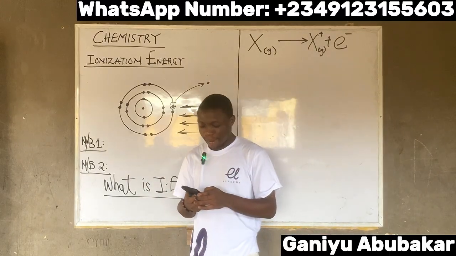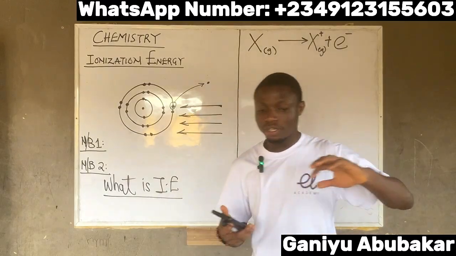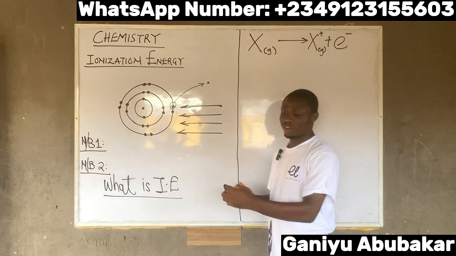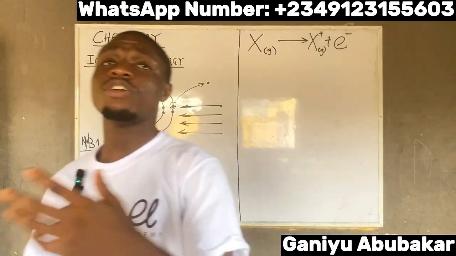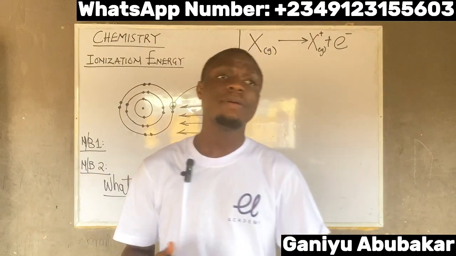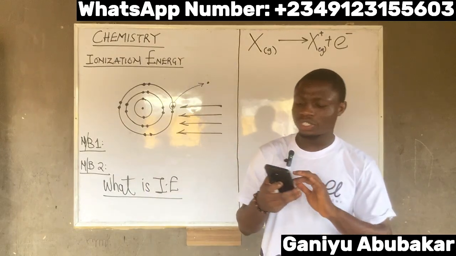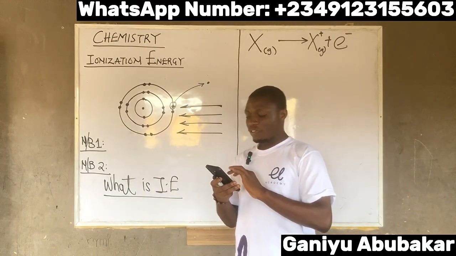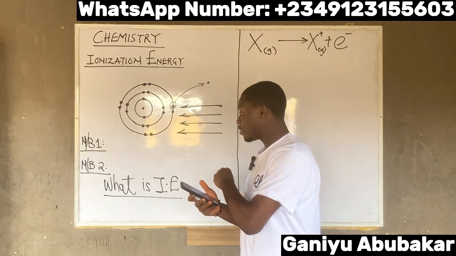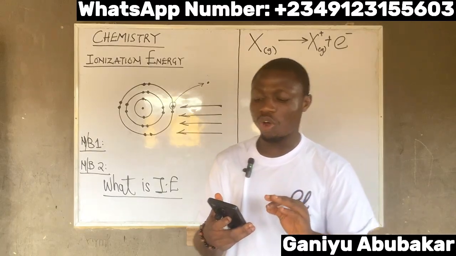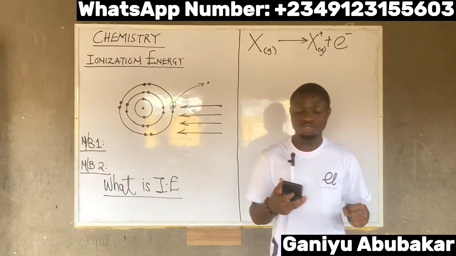Let's move on, please. When it comes to ionization energy, we said it is the amount of energy required to remove an electron from a neutral atom or an ion in a gaseous state, thereby forming a positive charge ion at the end. Now, it's important to note that IE helps you measure how strongly an atom holds on to its electron.